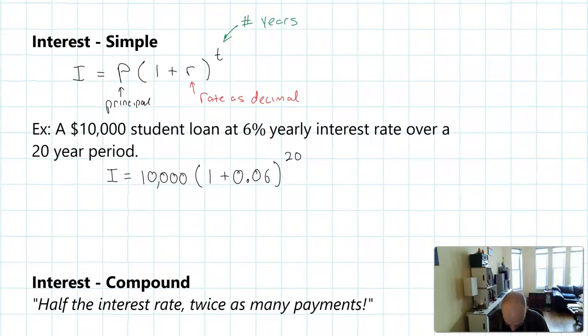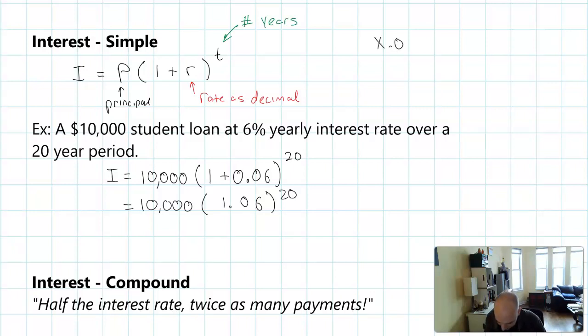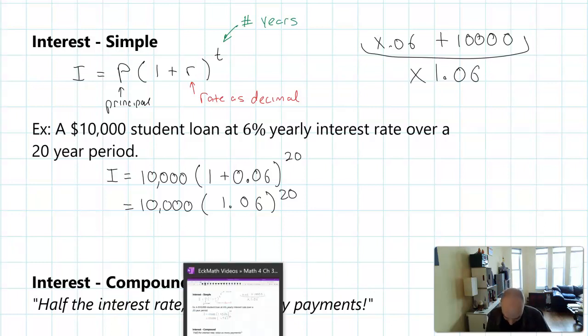Well, let's simplify this a little bit. This is still 10,000 times 1.06 to the 20. When I multiplied by 0.06 and then I added 10,000 again, I'm really doing in two steps what I could have done in one. This is the same as just multiplying by 1.06. And I'll prove that in the calculator.